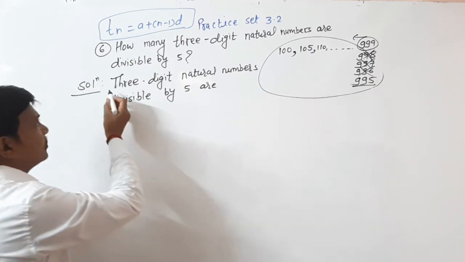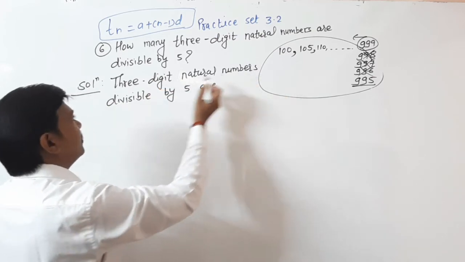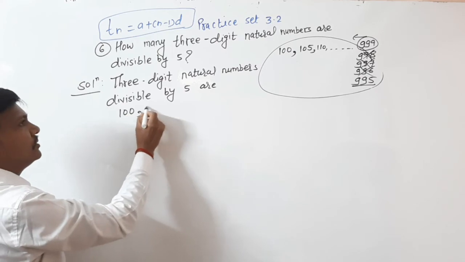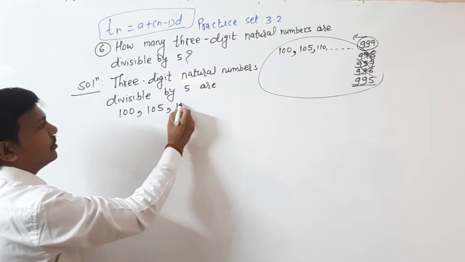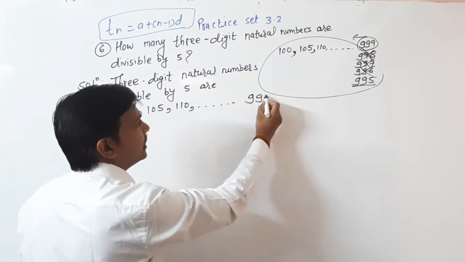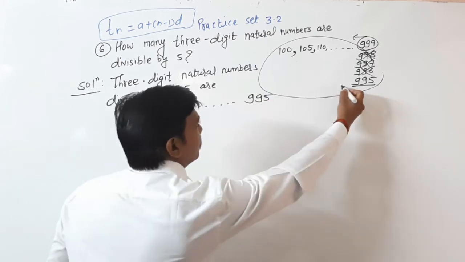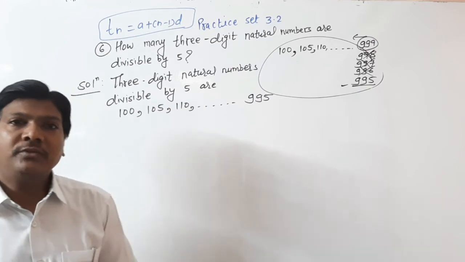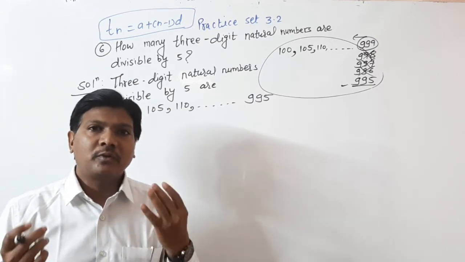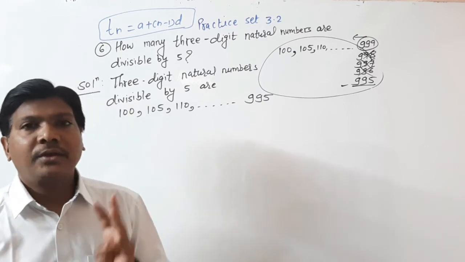So the 3-digit natural numbers divisible by 5 are 100, 105, 110, and the last one, 995.